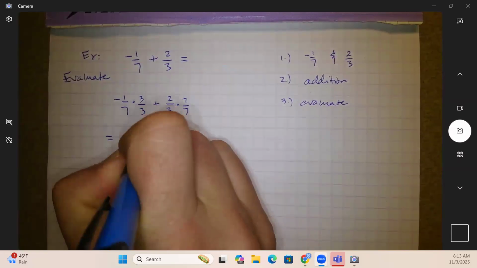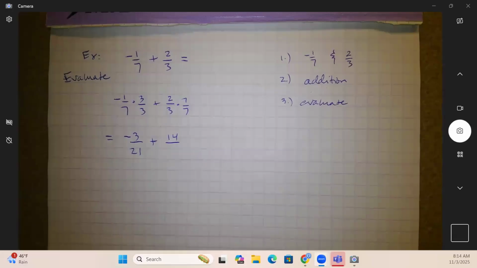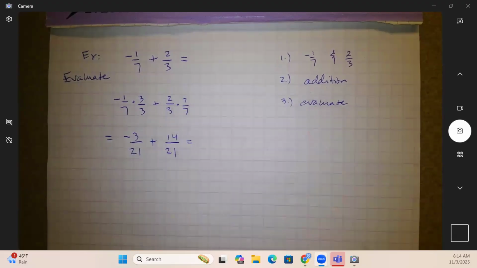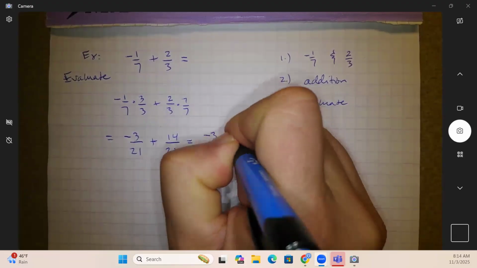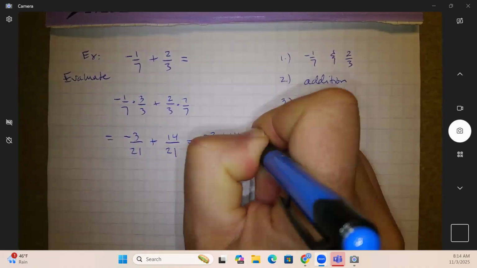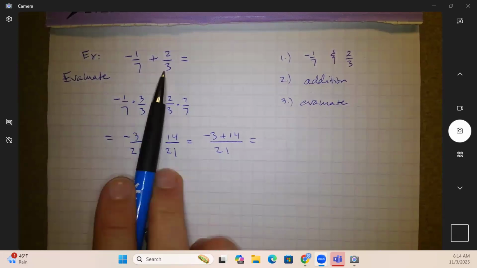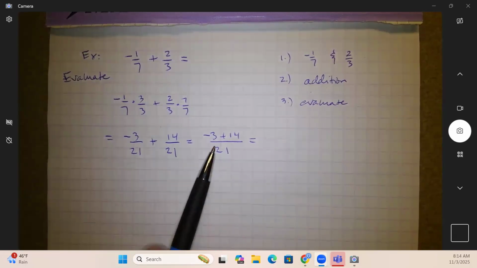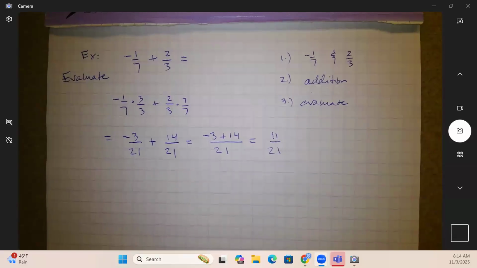And I get -3/21 plus 14/21. And I put those together as soon as they have the same denominator. You see how we're using our grammar here? Our grammar lets us change fractions with different denominators into fractions with the same denominator. And then we can add them together and we get 11 over 21.